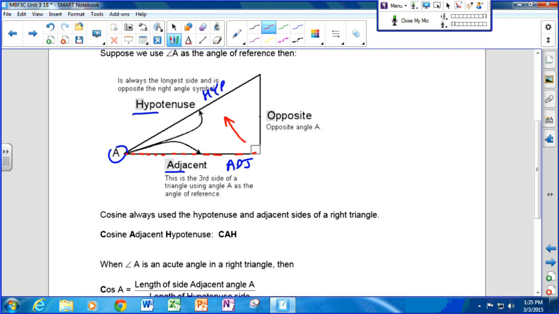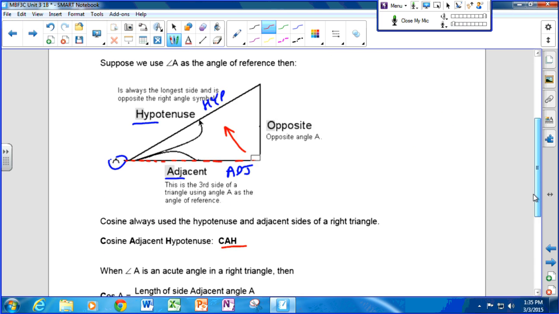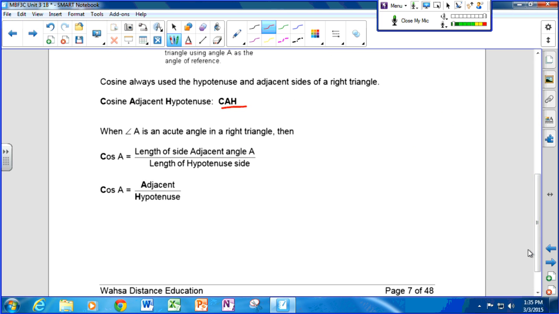The cosine ratio is adjacent over hypotenuse. That's the CAH in SOHCAHTOA. Everything I told you about the sine ratio is the same for the cos ratio. You can find a missing side with it, you can find a missing angle with it, and that's pretty much it.